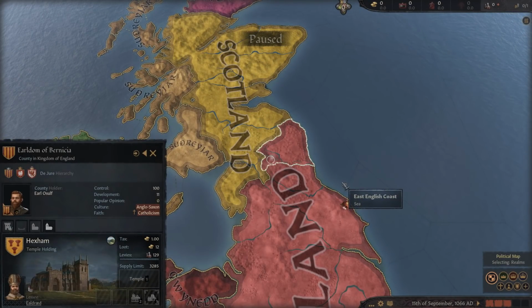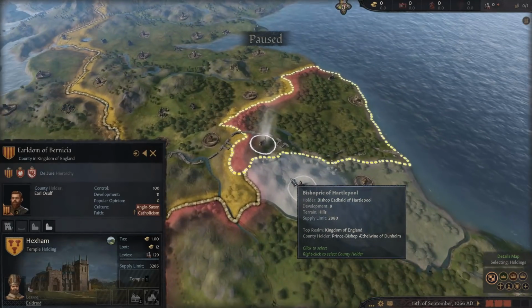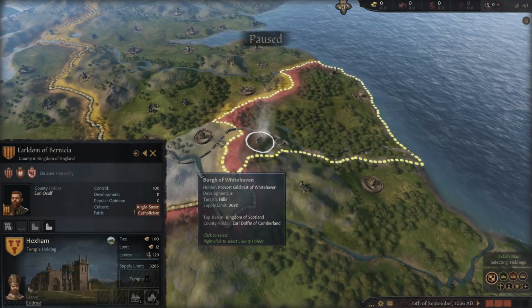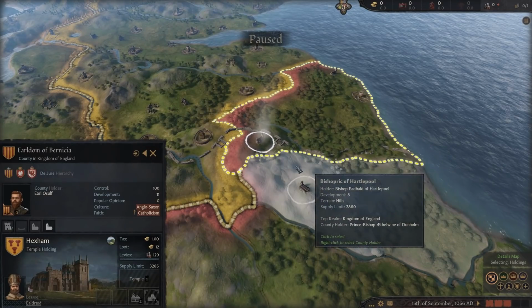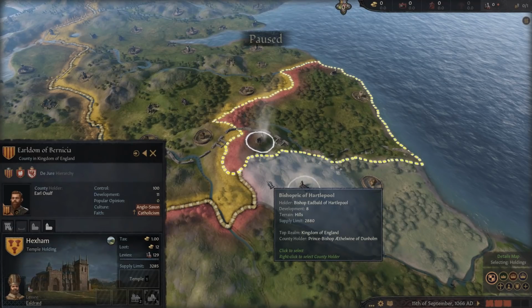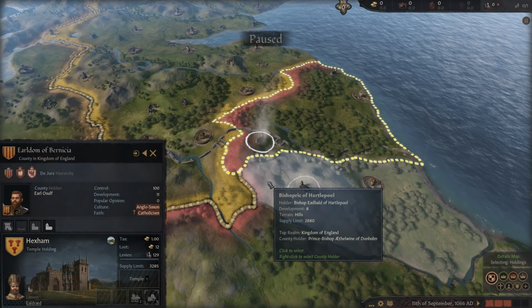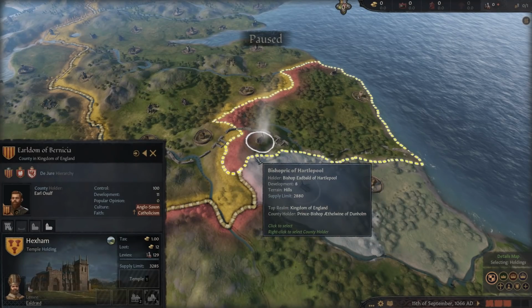Now we head to the north of England for a very unique, historically unique building, and we're going to Bebbanburg. You can see it right here, and it stretches across a few counties, across a few baronies, across northern England: Bebbanburg, Carlisle, Hexham, and Whitehaven. It is always constructed and is automatically enabled.